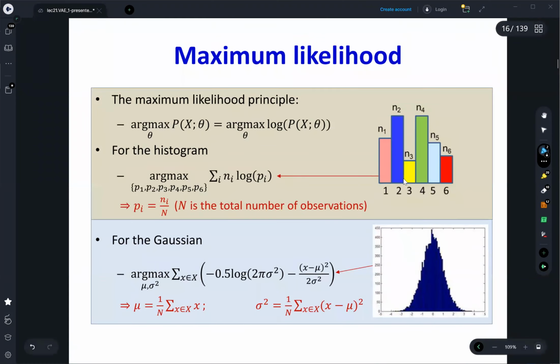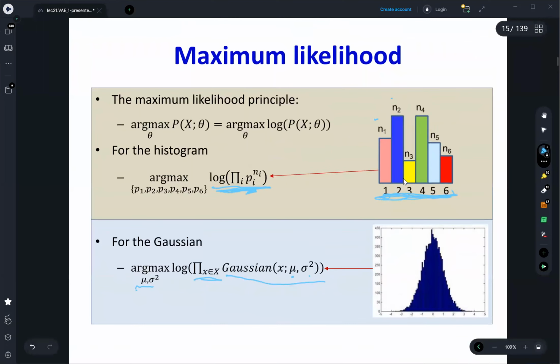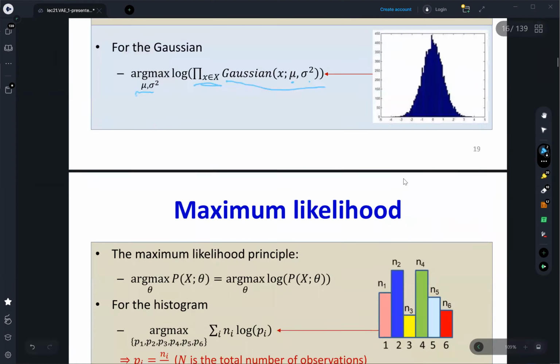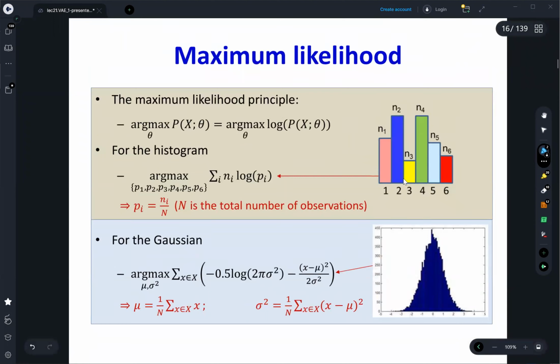And of course, if I actually consider the log, the product inside the log becomes a summation outside the log. The log of p_i raised to n_i is n_i log p_i, and so on. So just simplifying it, the log probability would become the sum over all outcomes of n_i times log p_i in the first case.